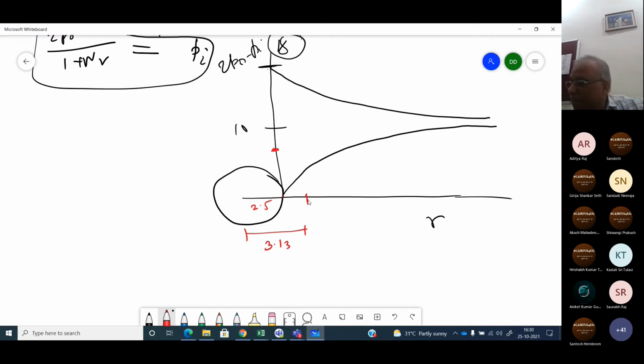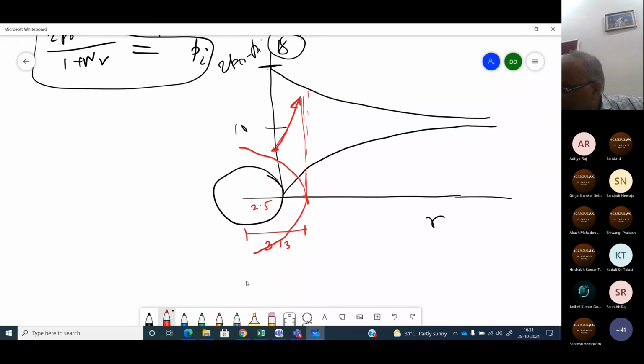Up to this meter, it is going to go and it is going to fail. So from here up to this, that means this is my failure, that circle. Up to this, it is going to rise from there. Okay, it is going to rise from there.